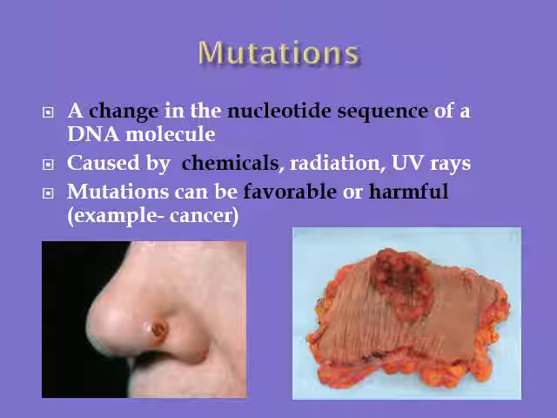So that might be a mutation that would help that population survive, and we would see more and more of that mutation showing up. However, mutations can be harmful, such as cancer, for example, and then sometimes a mutation doesn't really make a difference. It's not good, it's not bad, it's sort of just there. So those are three categories of mutations that we have.